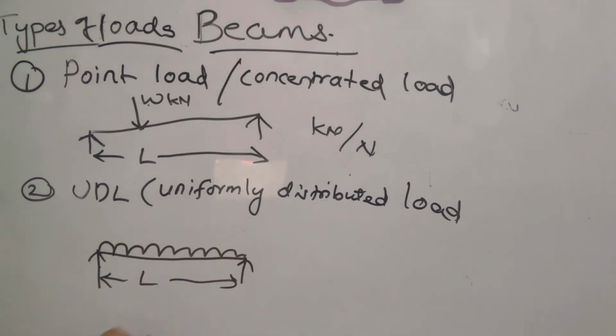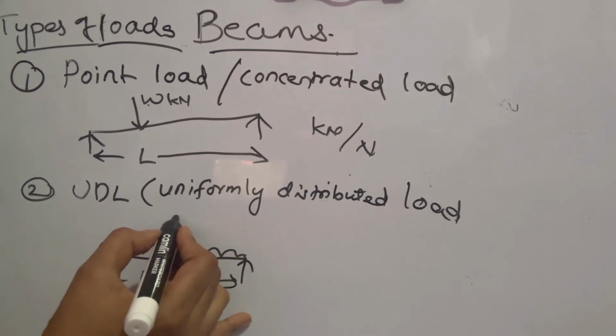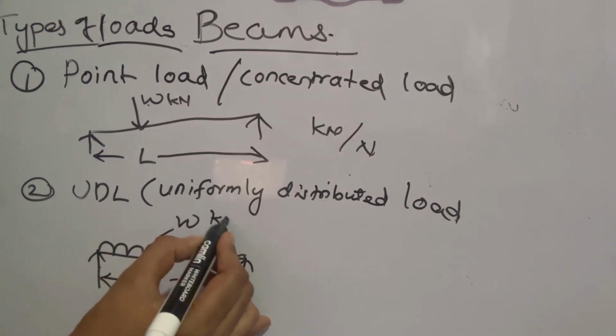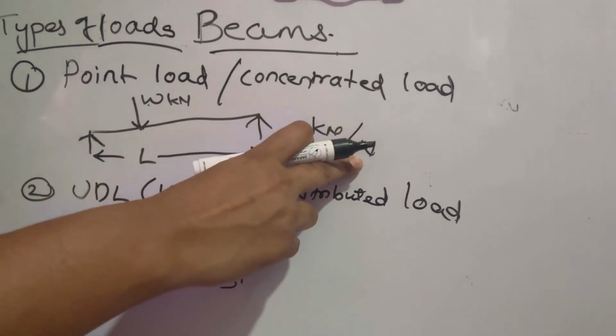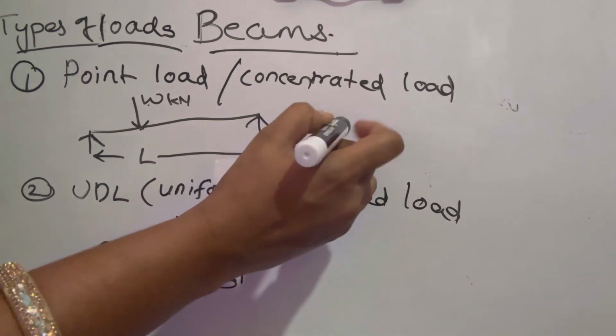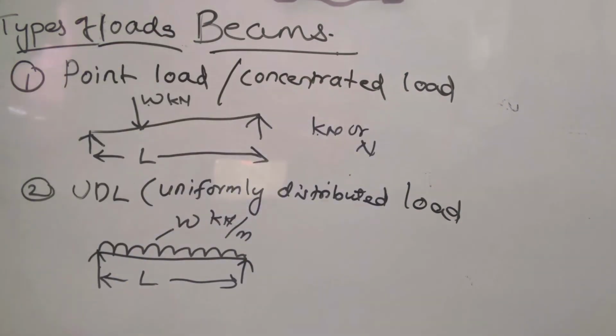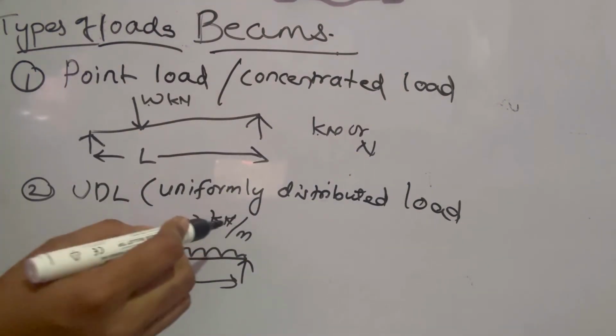This is the length L in span, and the uniformly distributed load is denoted by kilonewton per meter because it is distributed throughout the length. So per meter means the length you have to look here.